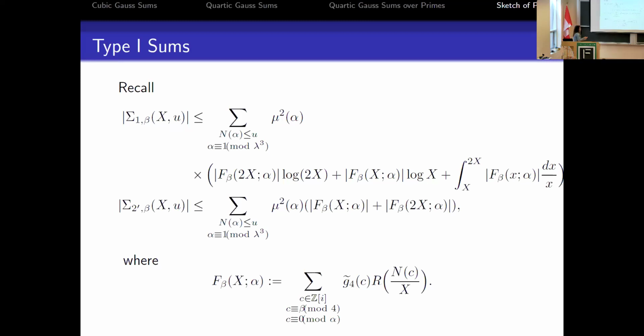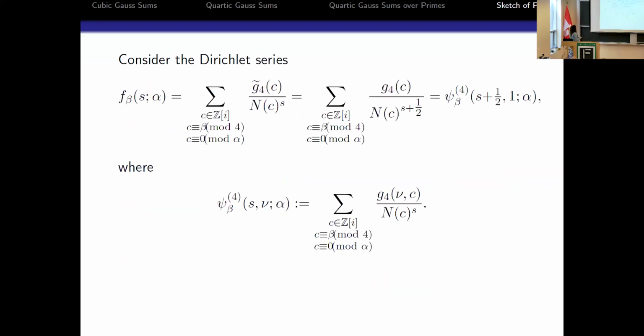When we have something like that, it's only natural to look at the Dirichlet series associated with this partial sum, which we call f sub beta of s, alpha. This is the Dirichlet series with coefficients being the quartic Gauss sums, with the extra condition that alpha divides our summation variable.